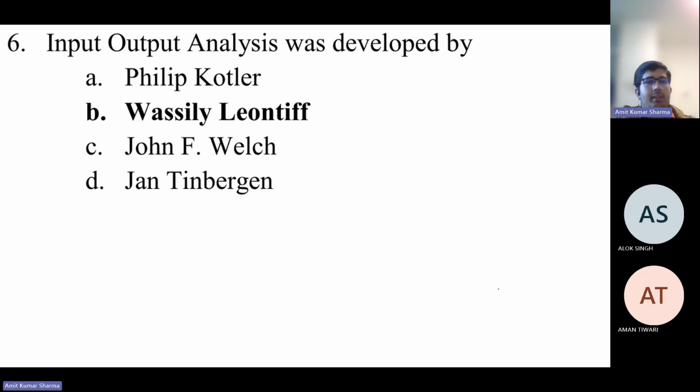Question number 6: input output analysis was developed by, a theoretical question. Philip Kotler, Wesley Leontief, Vasily, John F. Wells. Yeah, Leontief. Let's wait for just 1 minute.